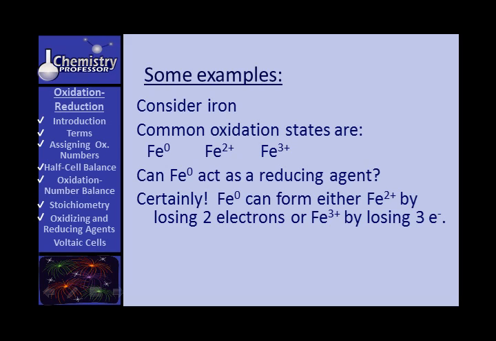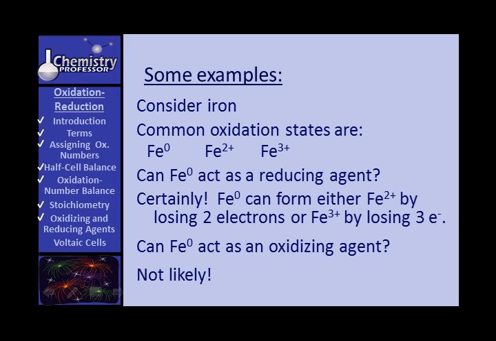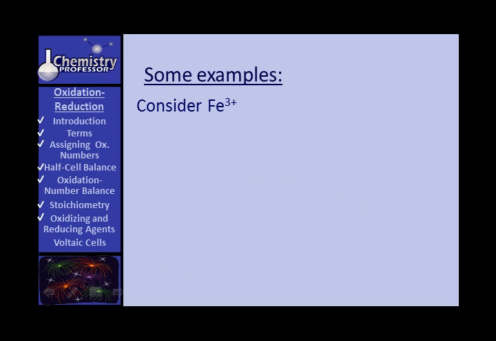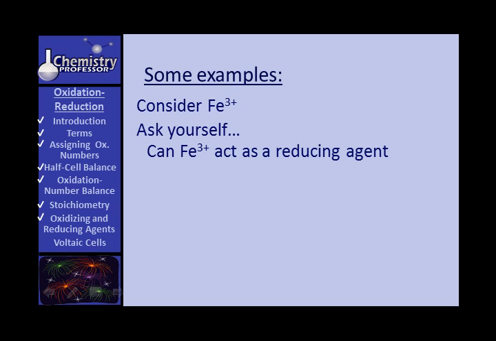Okay. Well, can Fe0 act as an oxidizing agent? And the answer is not likely. Why not? Do you know of a case in which iron, as the element, gains electrons? Well, consider the ferric ion and ask yourself, can the ferric ion act as a reducing agent?